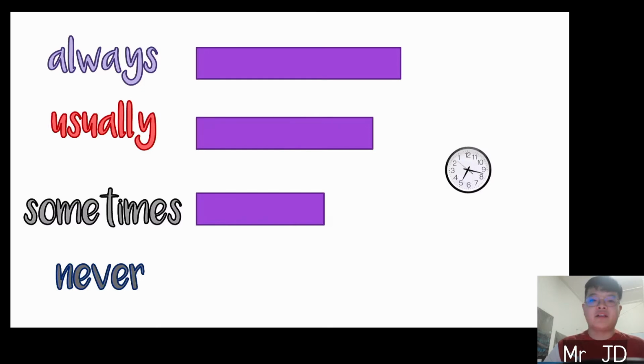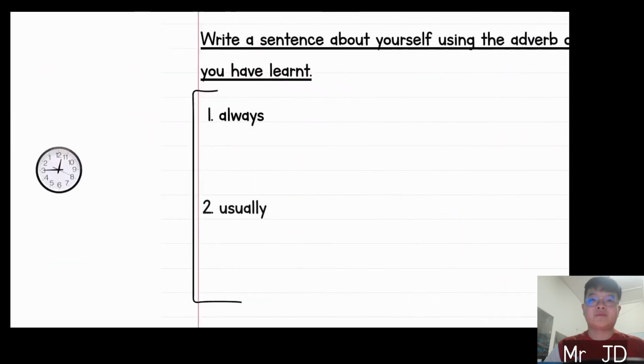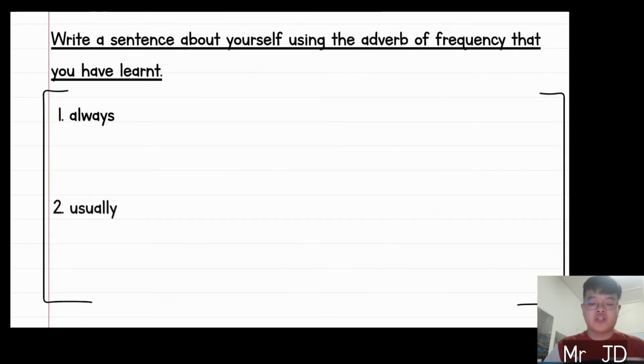Alright, let's look at the first exercise. The first exercise instructions is write a sentence about yourself using the adverb of frequency that you have learned. Alright, the key word here is yourself. When we talk about yourself, this means that you have to use I. Alright?